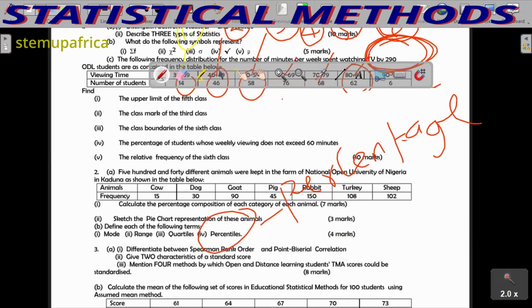Sir, hello, sir. Yes. Please, can you throw that, number 3A, please? That's Spearman rank order. Just give us a little differentiation of the Spearman rank. Okay. The Spearman rank order is used to determine the relationship between two variables.